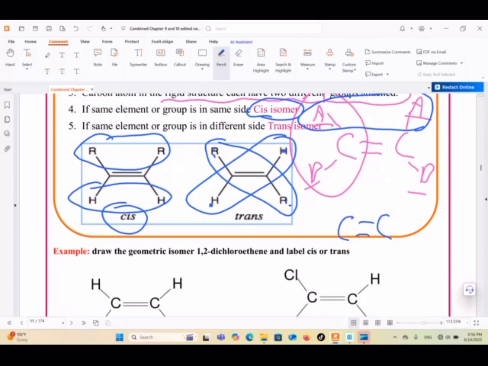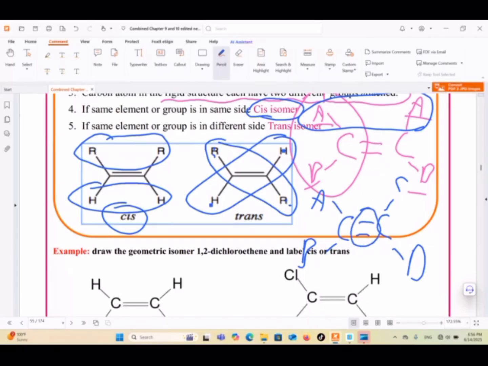Guys, here we have two carbons that form a double bond. If we have A, B, C, D, as you can see, this structure meets the first and the second conditions. How? For the structure, we have a double bond, so this is the primary condition.